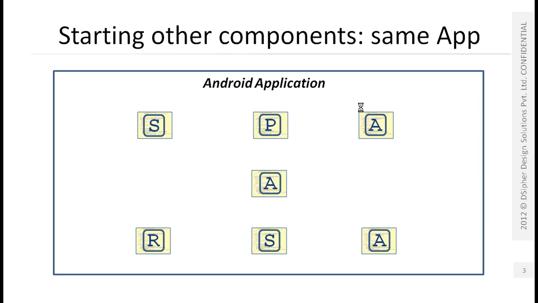Here we have used a launcher activity as a capital A, which is the center of this Android application, and it is going to launch the R resources. You can consider R as a content provider, or as a broadcast receiver, or as a service, and P as a content provider here.